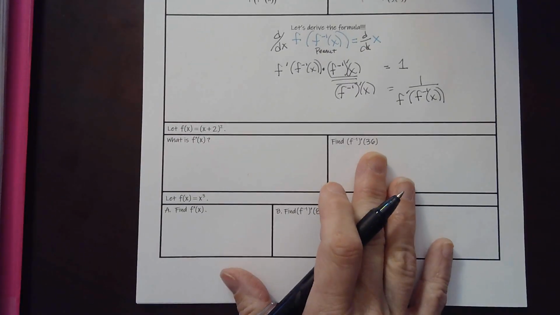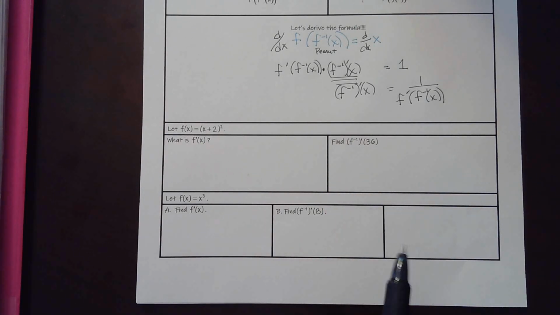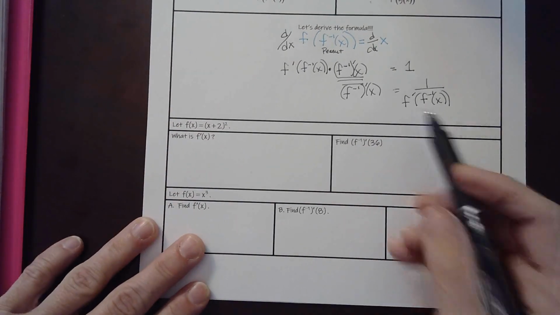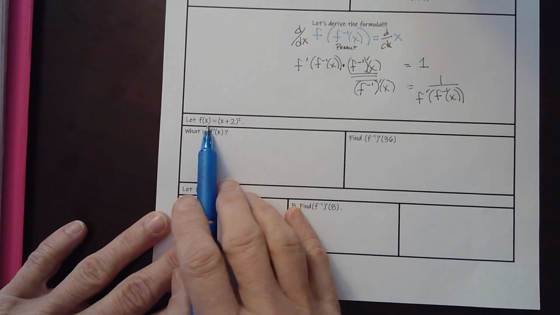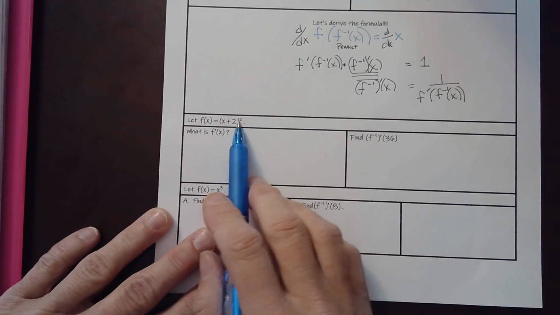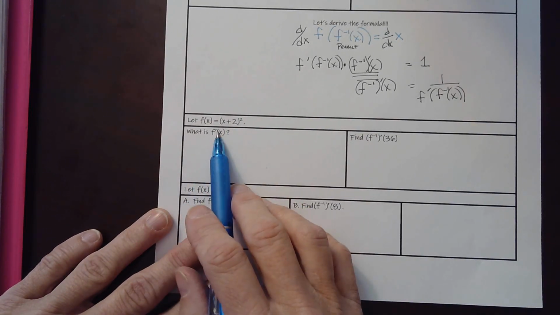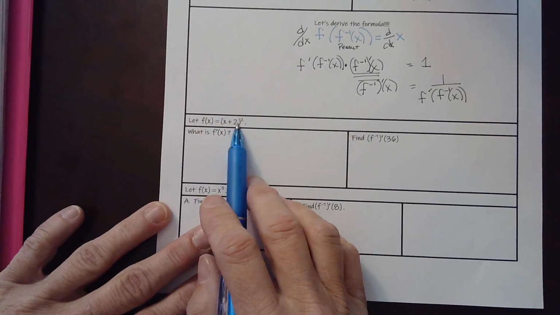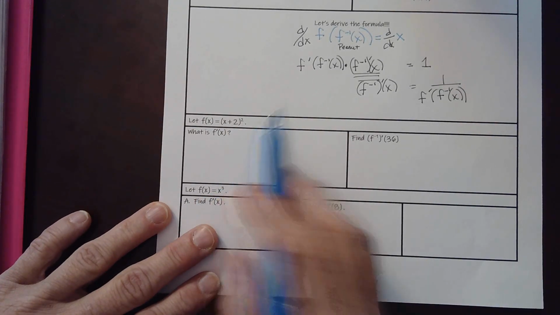All right, so let's put this into practice. Sometimes you might be asked to find the derivative of an inverse, and when you do, I do not recommend trying to find the equation of the inverse, because most of the time it's really difficult. So here we have a function, x plus 2 to the second power. What is f prime? I want to keep this in the original form. I'm not going to square the binomial.